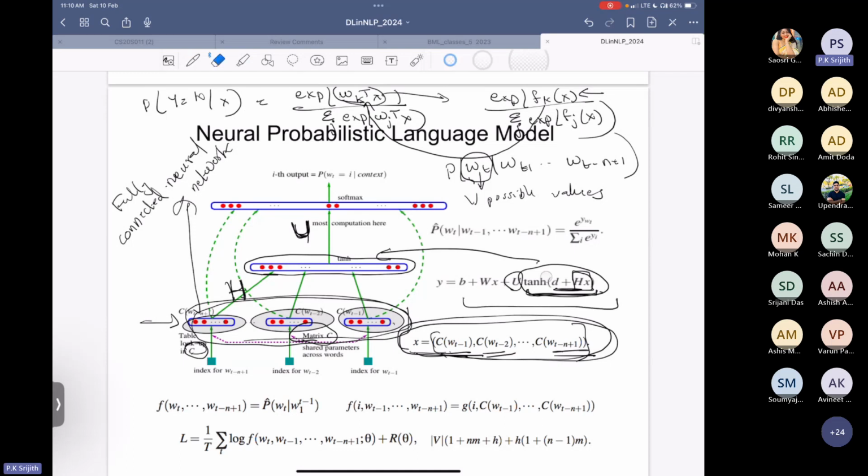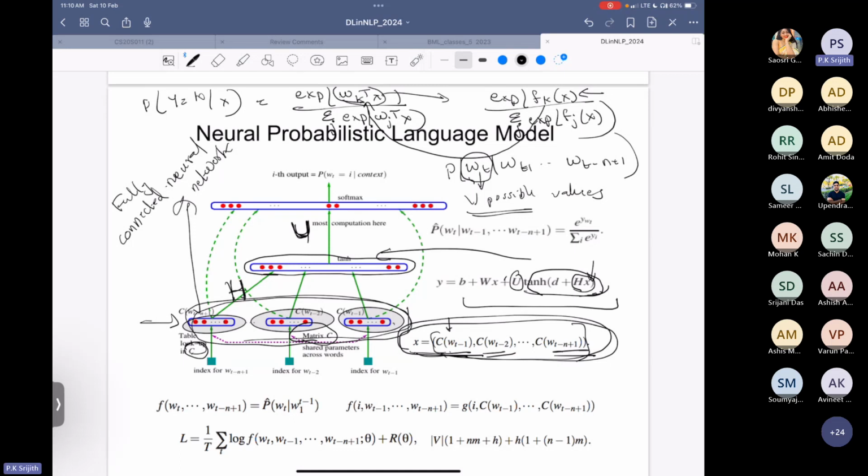That is what you are doing here, where this is your input. You do a linear transformation followed by nonlinear transformation, and you multiply this with some U to get V different possible values. If we look at the dimension of x, it depends upon the dimension of each of these word vectors.